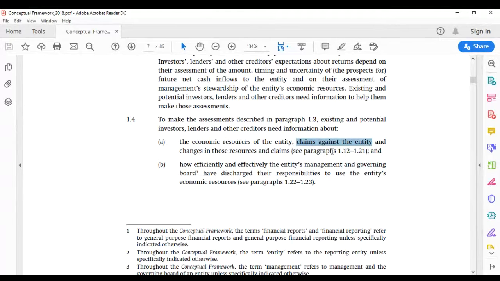If we go to the next one, they say, and changes in those resources and claims. So in other words, what causes those resources, which we've said are our assets, and those claims, which we've said represent our liabilities, to change? I know this is a hard question to answer, but there are basically two things that can change your assets and two things that can change your liabilities.